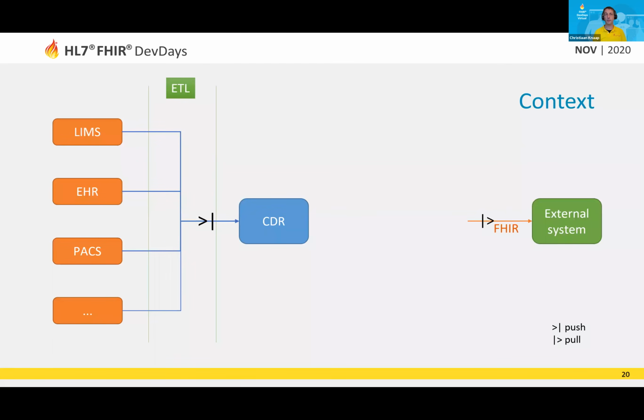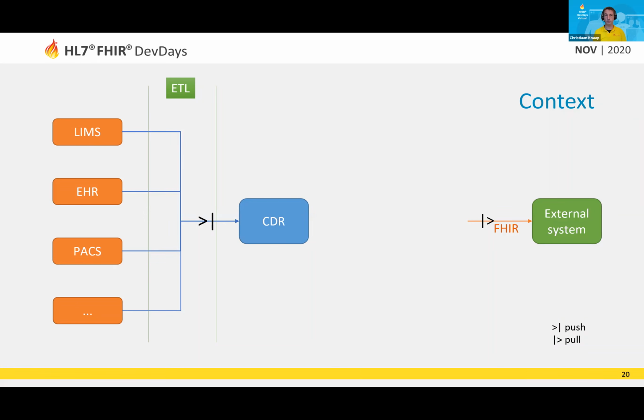So what does that look like in a diagram? Simply this. We have a gap. We have the source system, a CDR, and then an external system that wants to receive that data in FHIR. You see different kinds of arrows in the diagrams all over. The actual arrows depict the flow of data, and there are two icons.